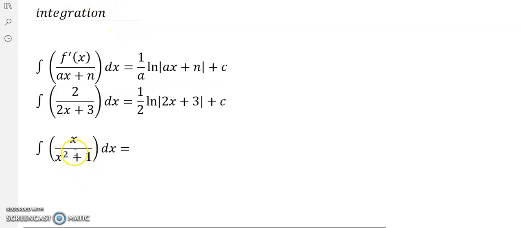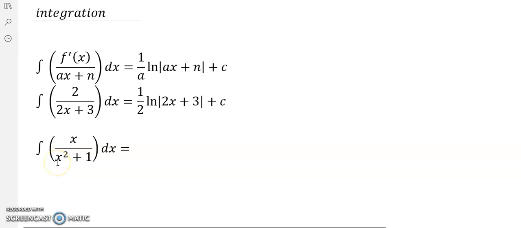Okay guys, let's have one more example. For the sake of practice, let's do this one. Here we have x divided by x squared plus 1. However, we know that the numerator must be the derivative of this term.